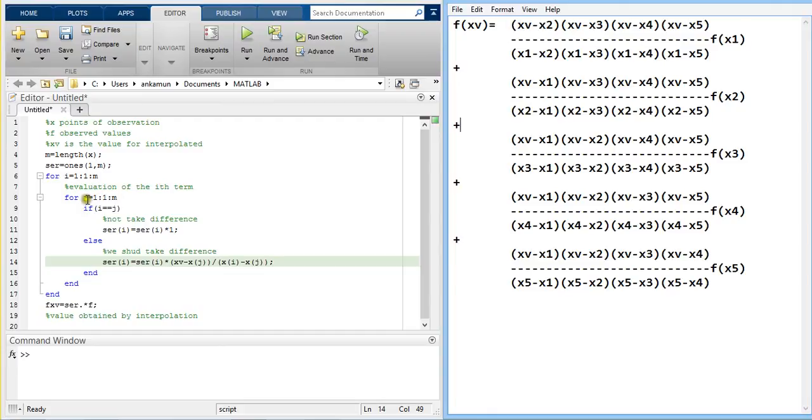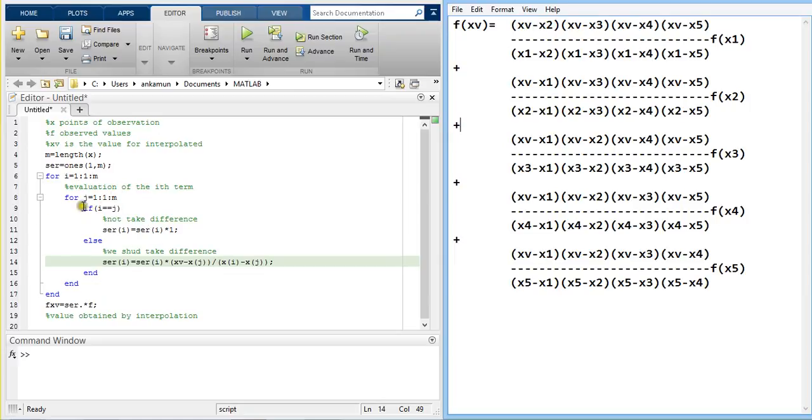So here, when j is 1, i is 1, we have the first term. So j will run from 1 to 5. When it encounters this condition, when i and j are equal, that is when both of them are 1, SER will remain 1. SER has been initialized with 1s, so SER will remain 1.